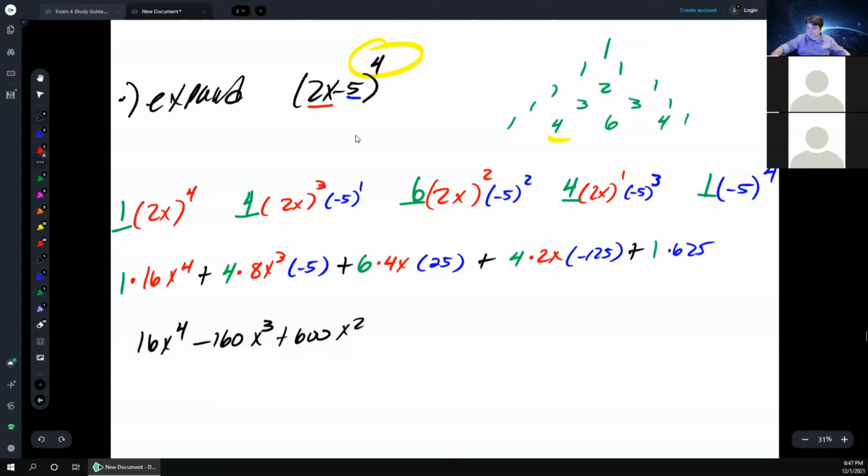I just realized I forgot to put my little squared on here, excuse me. 4 times 2 is 8, and 8 times 125 gives you negative 1000x. And then lastly, plus 625.